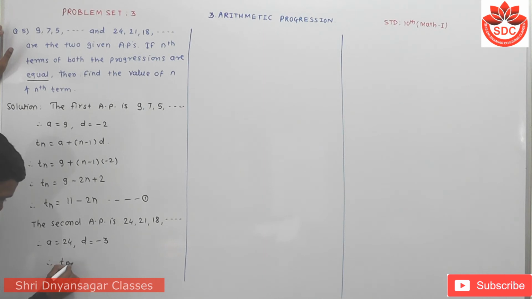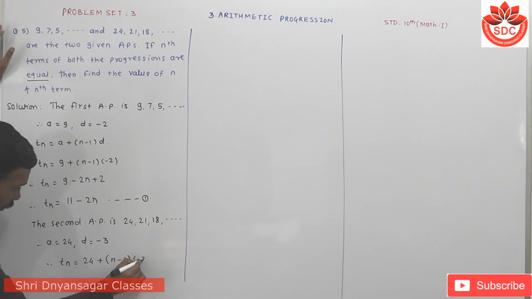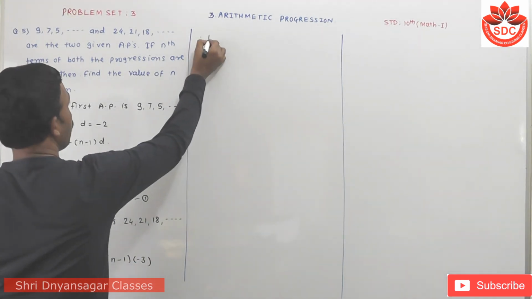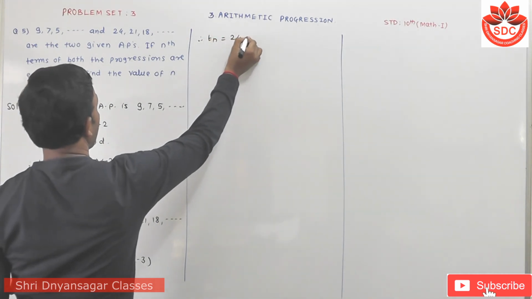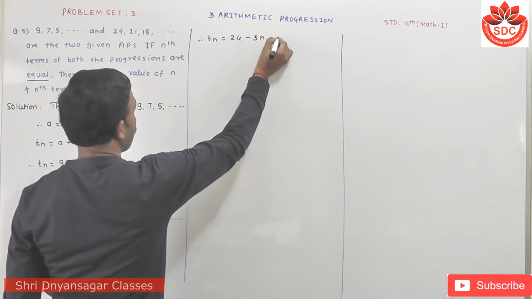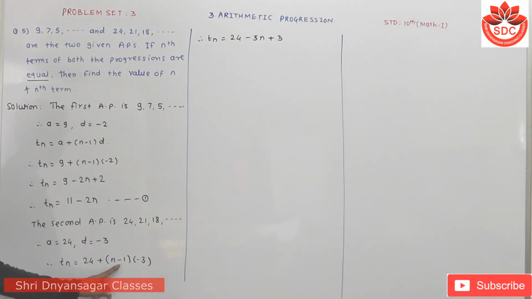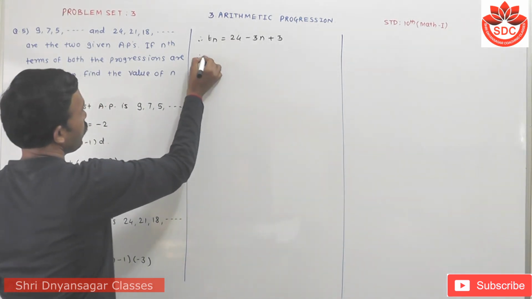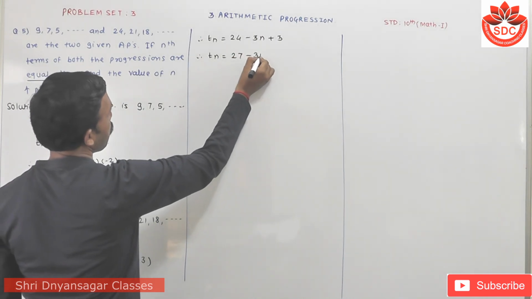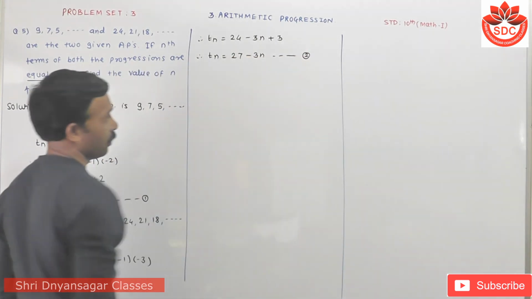Therefore Tn is equal to 24 plus n minus 1 into minus 3. When we multiply this minus 3 we get Tn is equal to 24 minus 3n plus 3. Then the addition of these two is Tn is equal to 27 minus 3n. This is equation number 2.